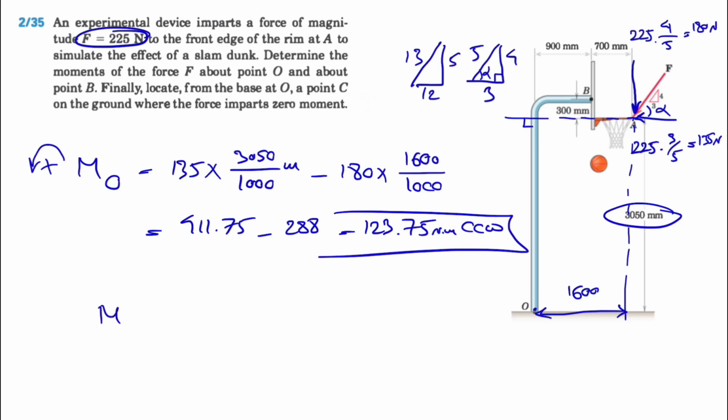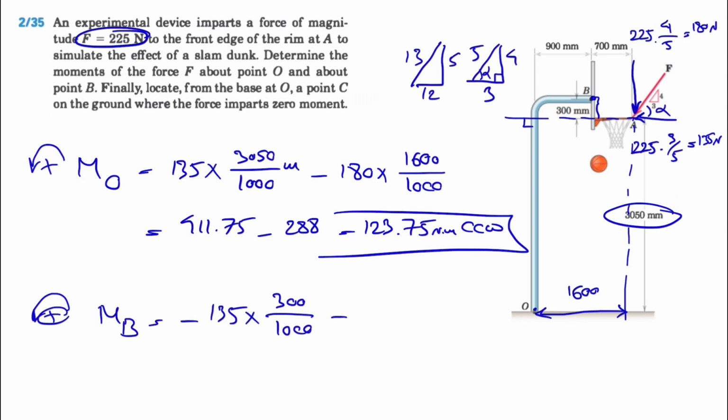Let's find the moment about point B, again counterclockwise positive. The 135 newton force makes a clockwise moment, so we'll have a negative sign: 135 times the distance of 300 divided by 1000.